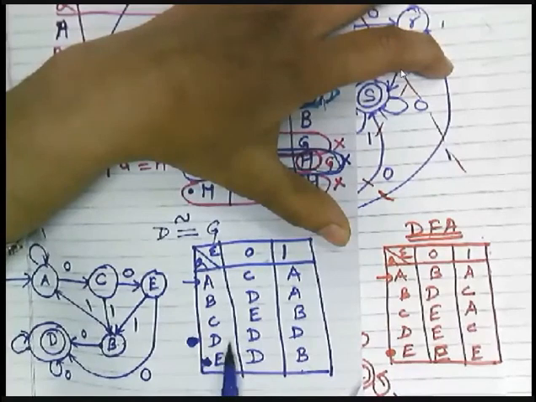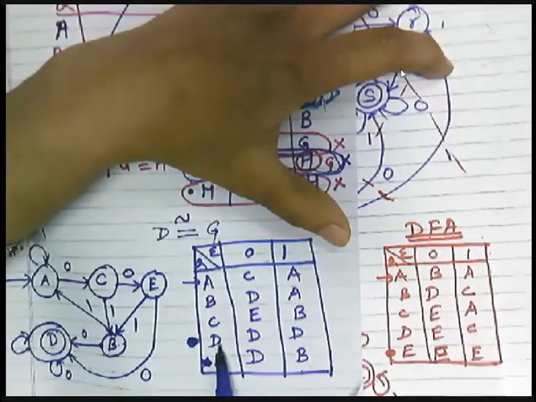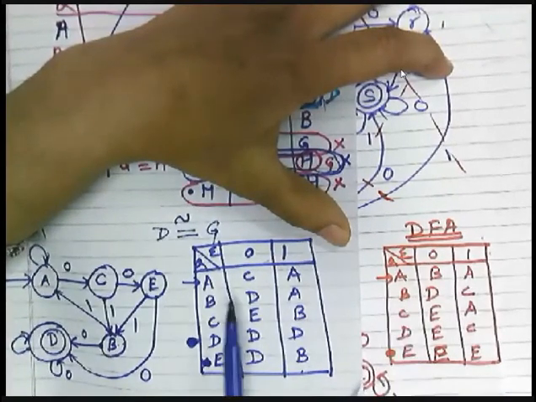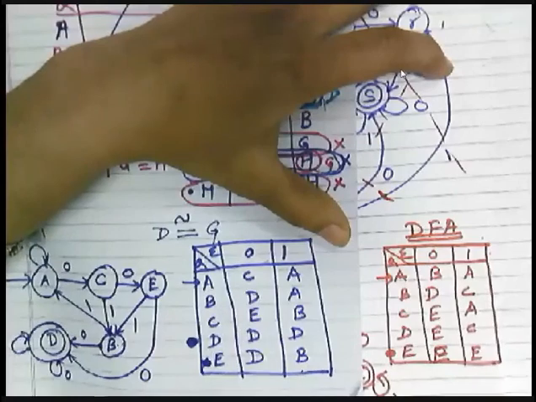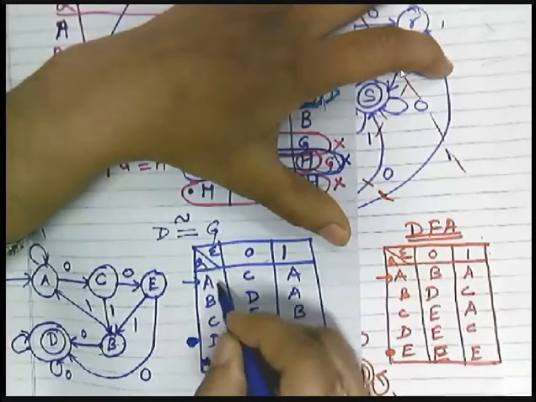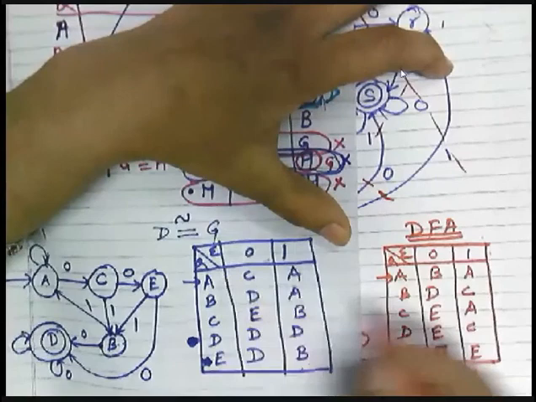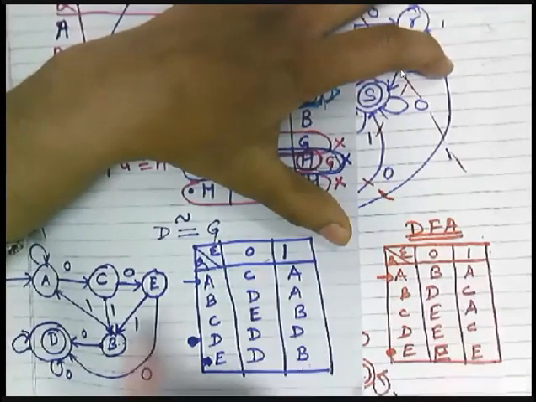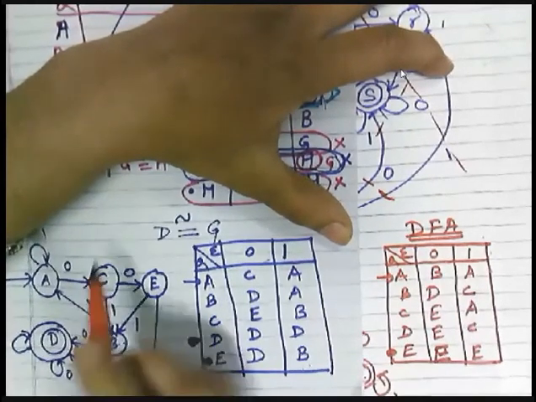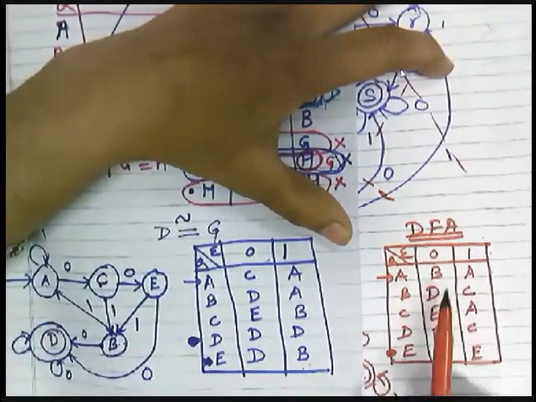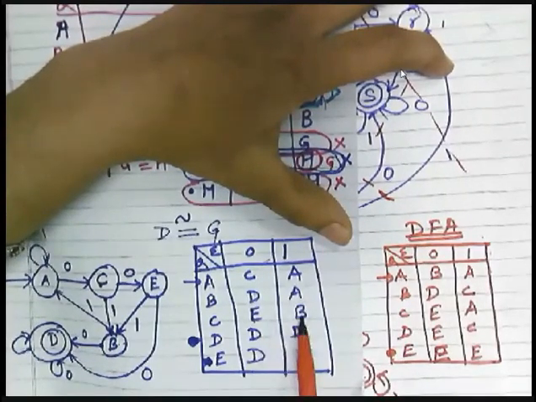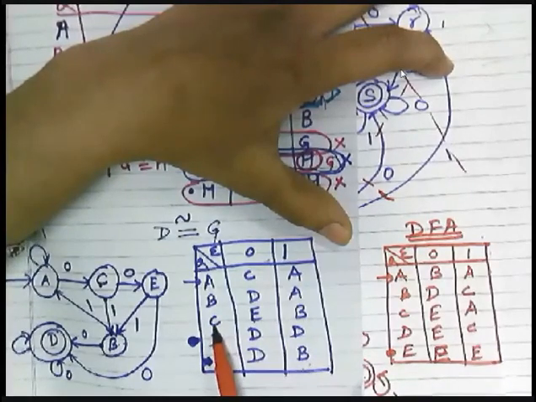So if I interchange the names of E and D, again here we have C as B and B as C. Okay, so if I make it as per this, every A on 0 moves to B. So our B state, if I name it as B, will be as it is. So C is nothing but B. B is nothing but B.